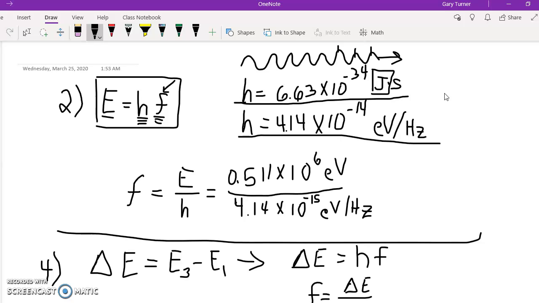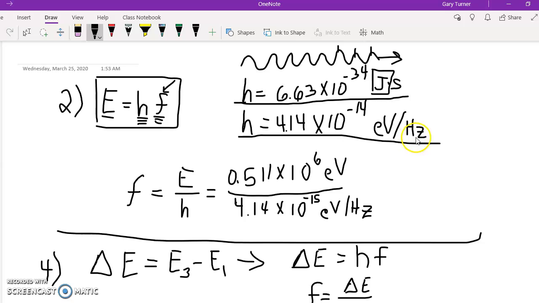So if I have an electron, I know what the charge on an electron is, and if I accelerate it through a voltage, potential energy per unit charge, multiplied by the charge on the electron, then I get energy. And so that's what an electron volt is. It's the amount of energy that an electron would have if it is accelerated through some voltage.